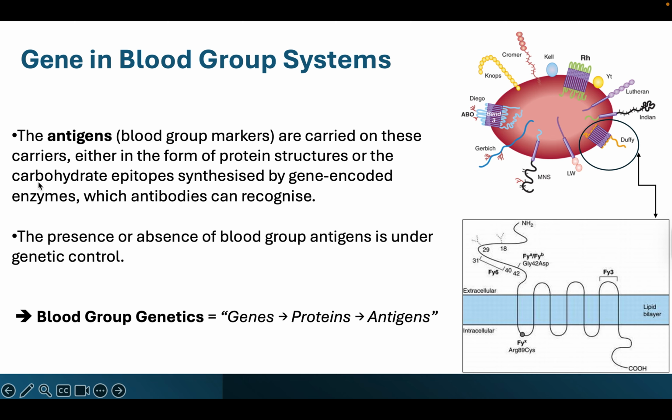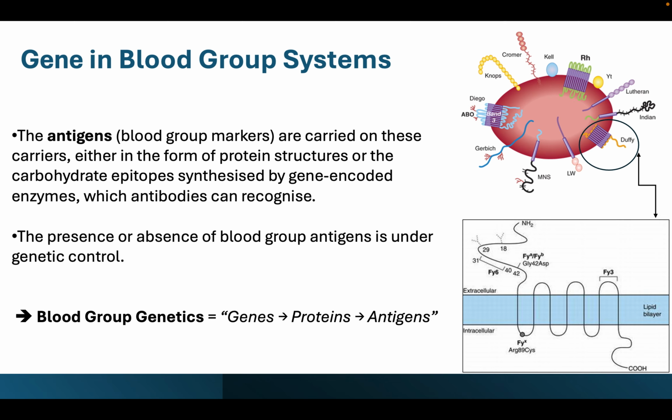And we can see here the antigens are carried on this carrier either in the form of protein structures or carbohydrate epitopes synthesized by the gene-encoded enzyme, which the antibody can recognize. And this is a very important thing. So for example, if there is a change in the DNA sequence that affects the protein structure and the protein expression, this change allows the immune system to recognize it as foreign and develop the antibody.